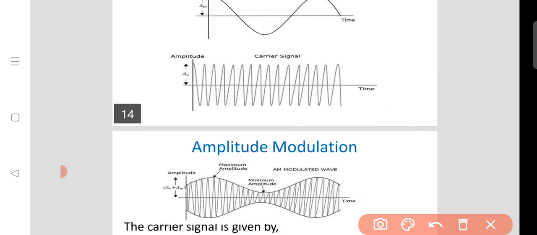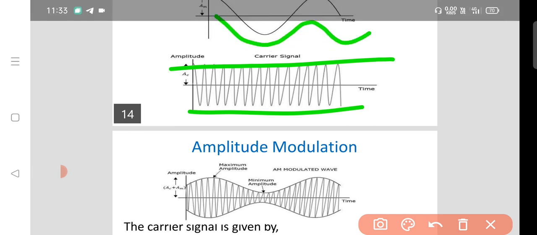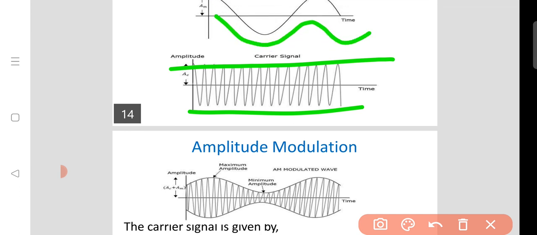What we observe here is that the amplitude of the carrier signal is constant, but the amplitude of the message signal varies. So at the output of the modulator we get the AM wave like this. The amplitude of the carrier signal varies with respect to the message signal.